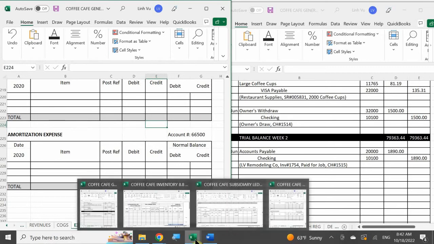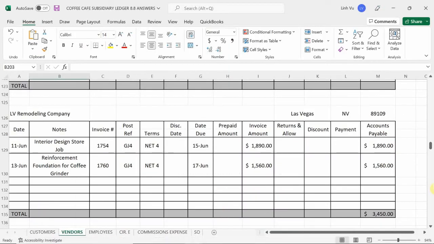So that's the subsidiary ledger. And we would date it for the 15th.